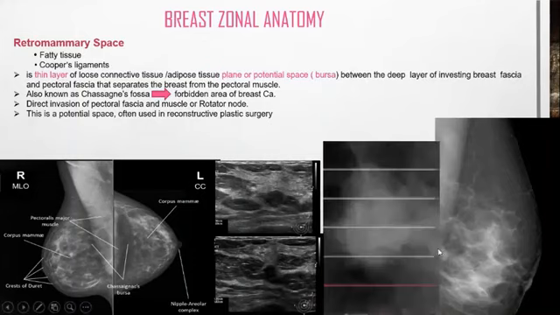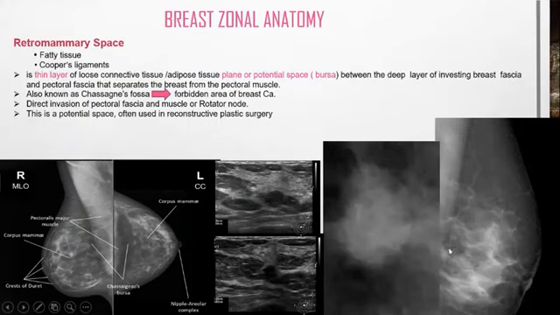Here, this is our case. You see there is a lesion posteriorly here, and on magnifying view, it has a suspicious mammographic appearance. Also, this is our case. Look for small breast cancer here. It is easy to be missed due to the adjacent fat. It is hypoechoic and the fat is hypoechoic.